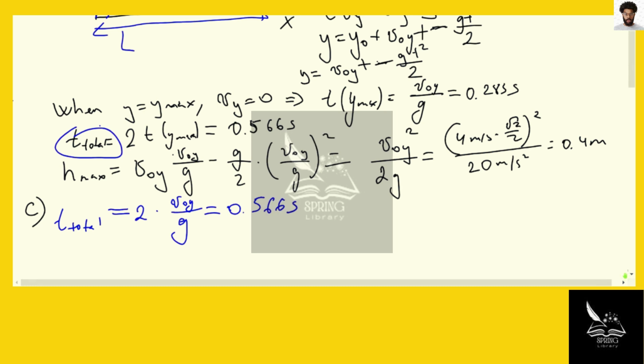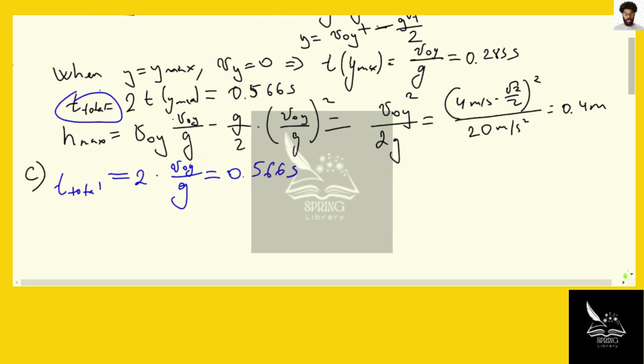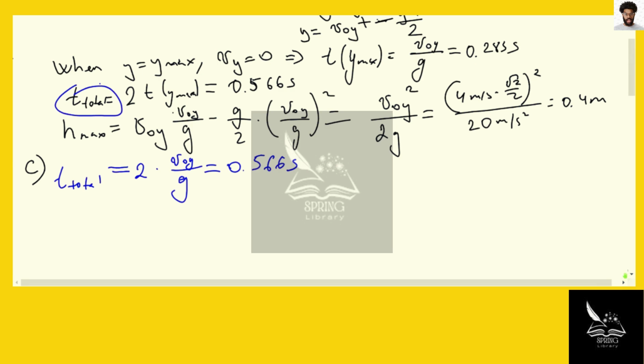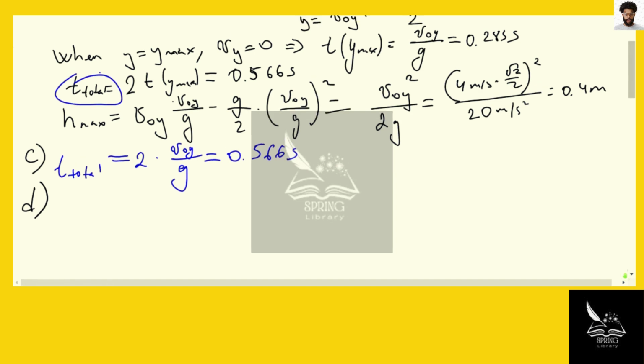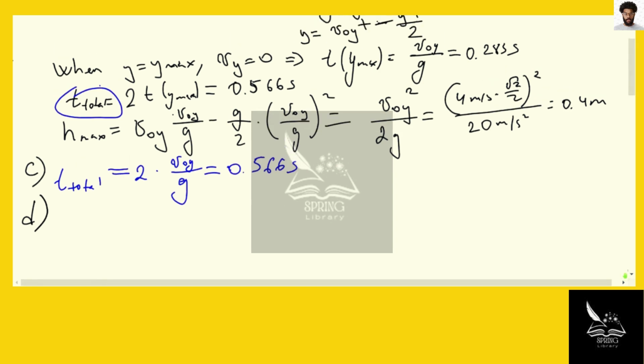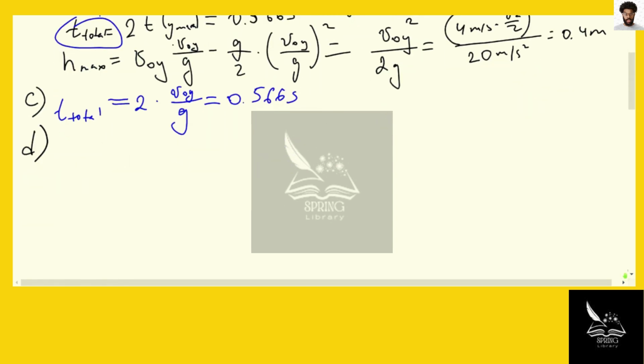So now we have to find the distance in the horizontal direction, which will be reached when the ball meets the ground. So as we've mentioned, the horizontal component of the velocity doesn't change.